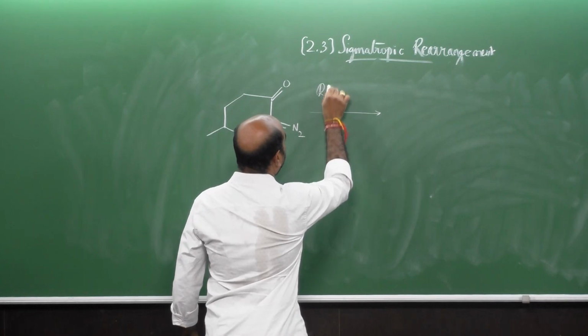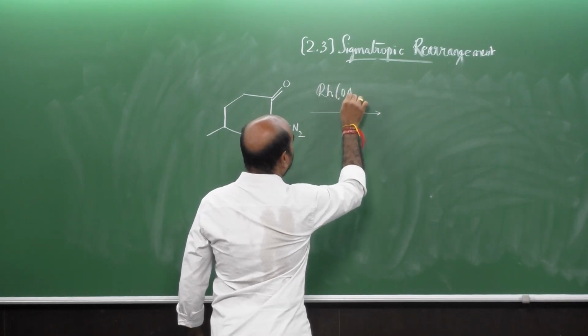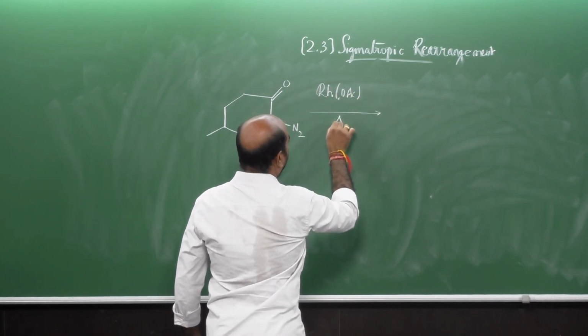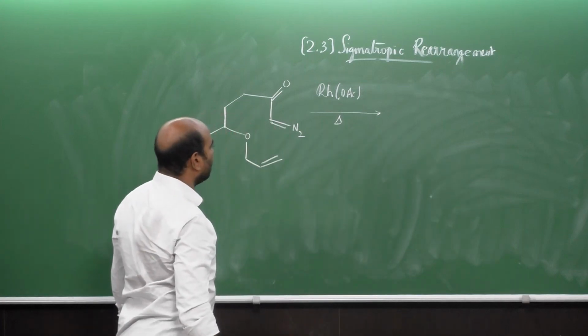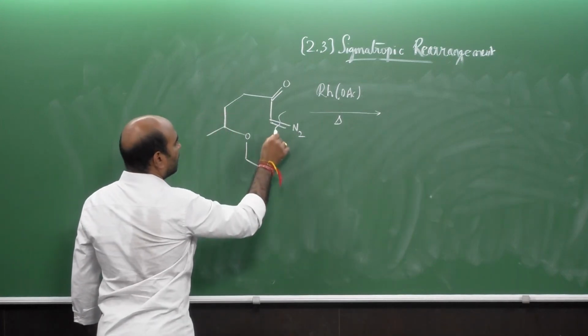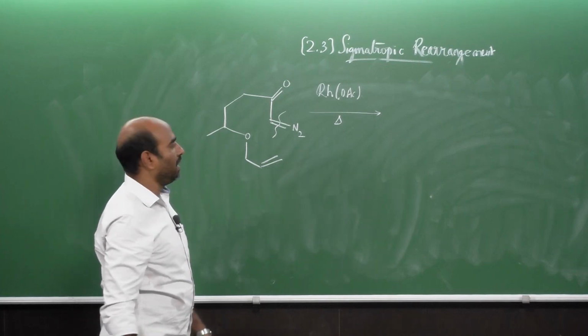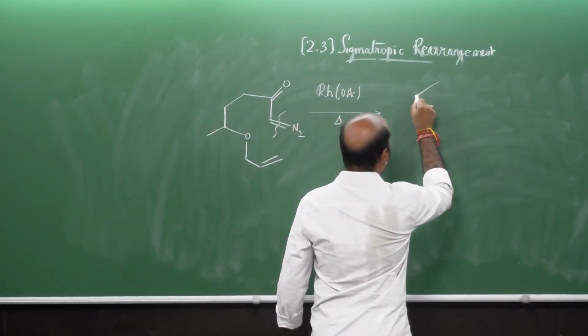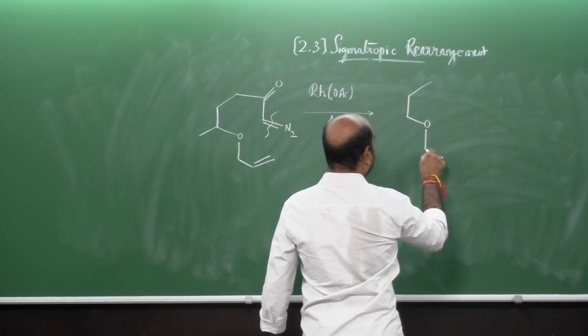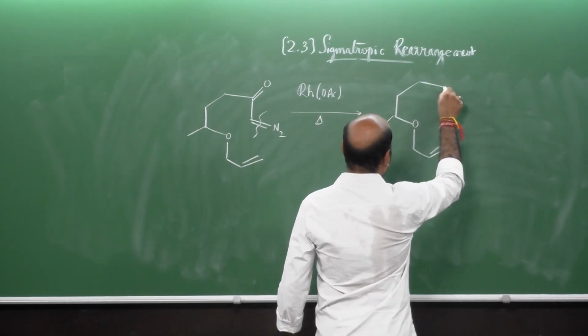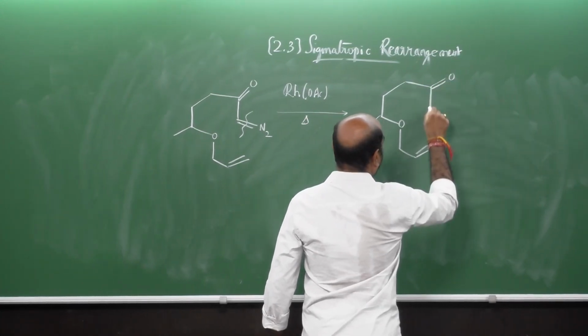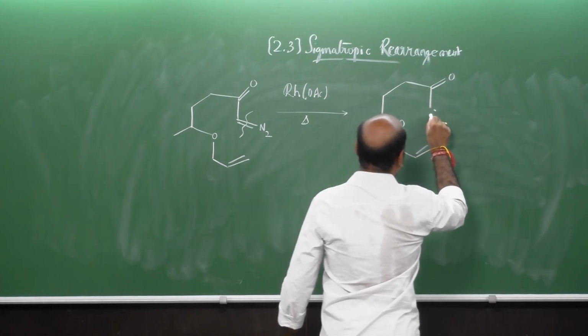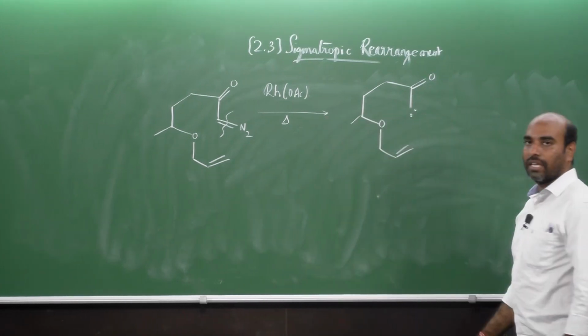In the presence of a rhodium catalyst under thermal condition, what initially happens is it generates a carbene. These 2 electrons are nothing but the carbene.